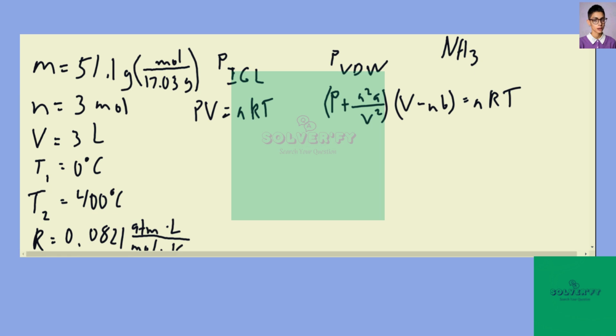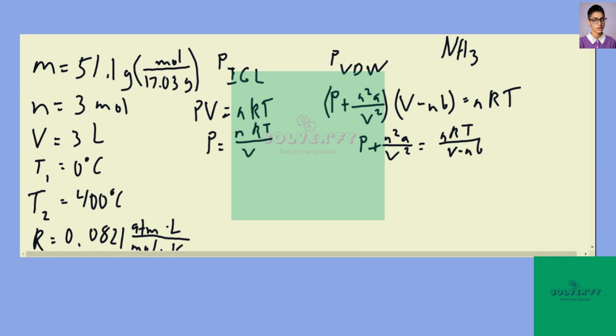So now let's look back at these equations. First, let's just adjust them so we are solving for pressure. So P equals nRT over V. Then adjusting this, we get P plus n squared a over V squared equals nRT over V minus nb.